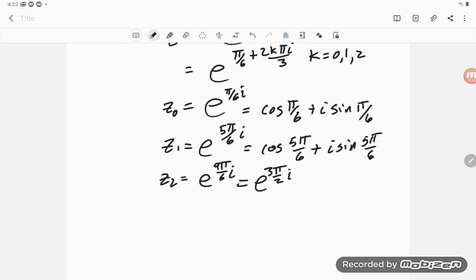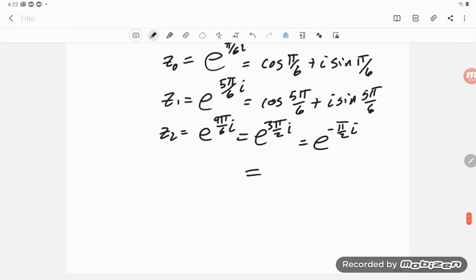So that looks to be actually a principal argument of minus pi over 2. So this is the same thing as e to the minus pi over 2 i. And again, I could have done this with the 9 pi over 6 or whatever, but I have cosine of minus pi over 2 plus i sine minus pi over 2.